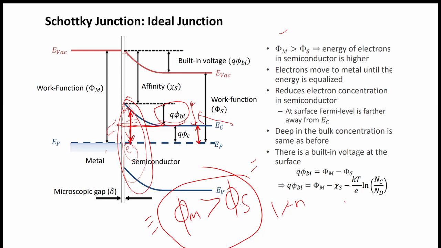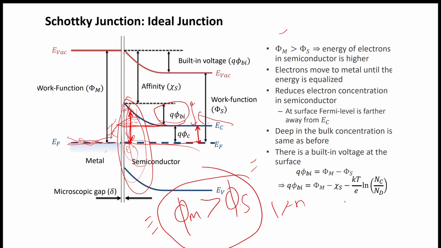Electrons are transferred until the electron energies reach the same level, or we can say the Fermi level reaches the same level. Until then, there will be transfer of electrons from the semiconductor to the metal.